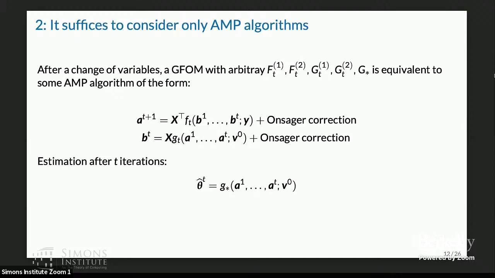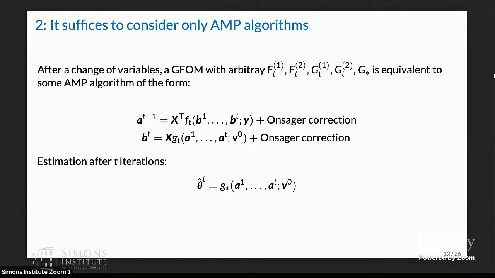after a sort of change of variables, any first order method can be reduced to an AMP algorithm. Okay, so if you give me a first order method, which is defined by these functions and some g star, then, okay, there's some AMP algorithm, meaning there's some choice of f and g, so that the iterates of the AMP algorithm, a and b, are related to the iterates of the first order methods through some simple change of variables.